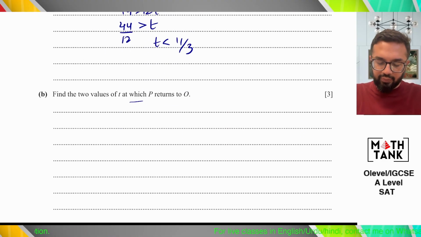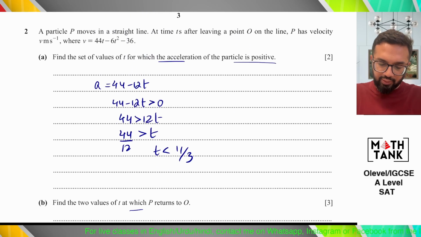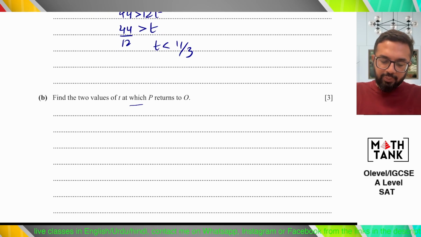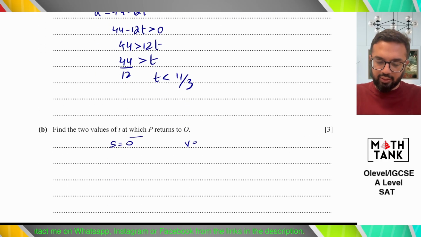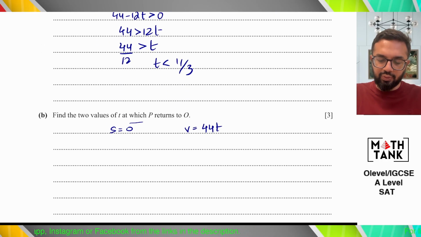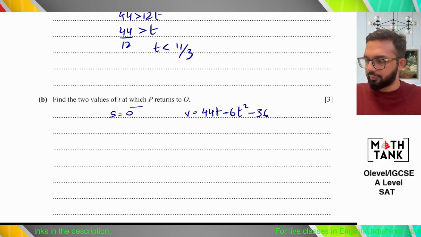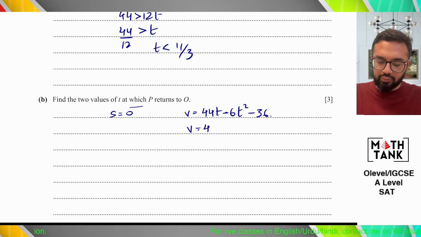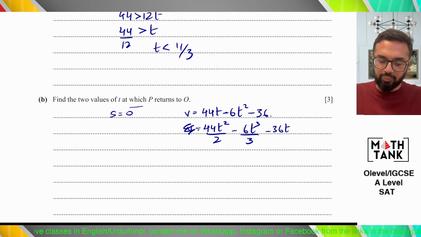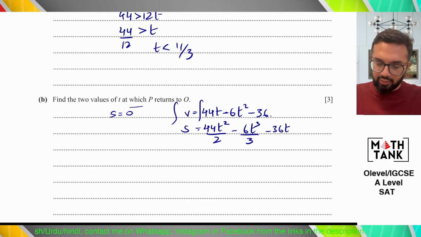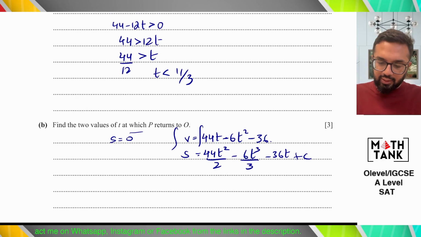Find the two values of t for which particle P returns to O. Returning to O means that the displacement is 0. I don't have the displacement function right now, so I'm going to integrate and find the displacement function first. That becomes s, because I've integrated, plus c.